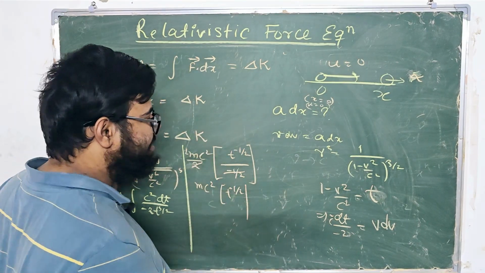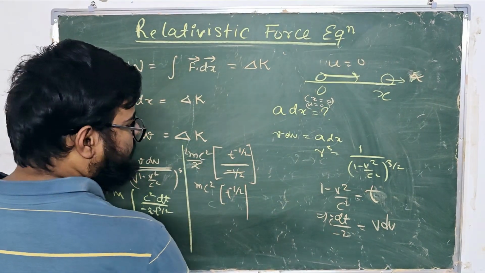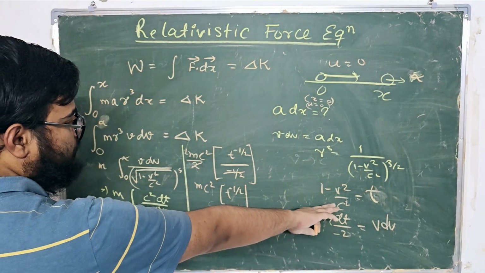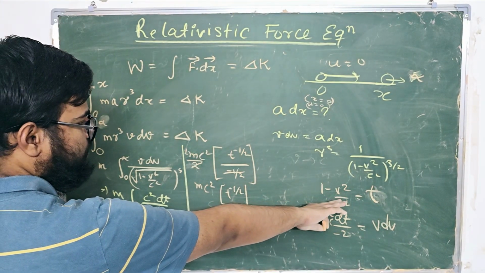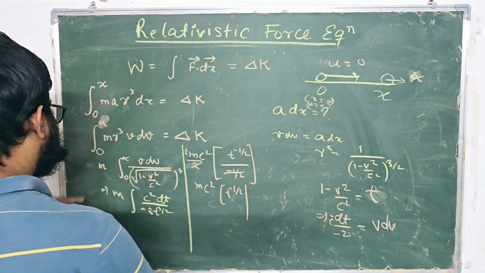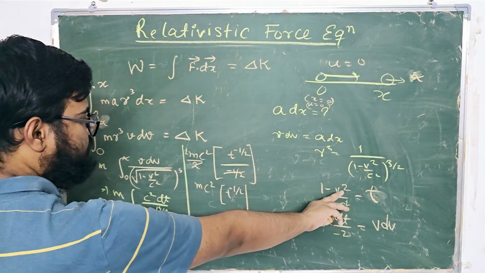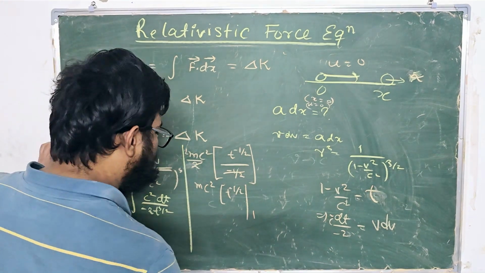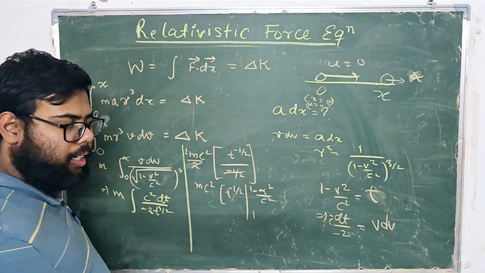Now what will be the limits? We have to solve for limits first of all. Over here when v is equal to 0, t is equal to 1, and when v is equal to alpha, then it is 1 minus alpha square by c square. Correct?